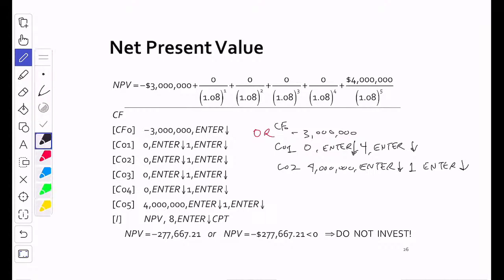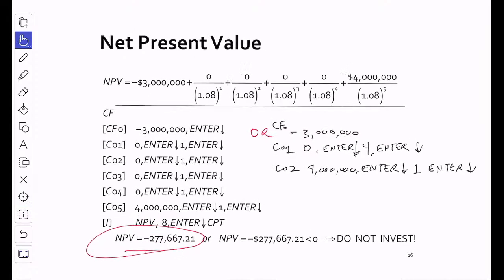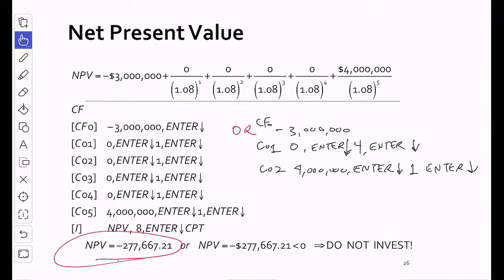Okay, so I asked you the question, what does this mean? The rule is what's called the net present value rule: invest if the net present value is positive, so it's a profitable opportunity.